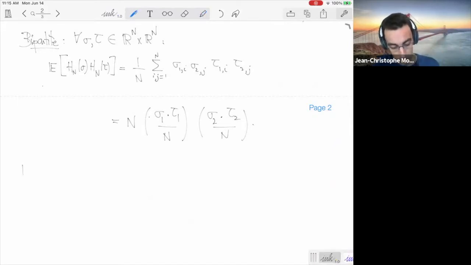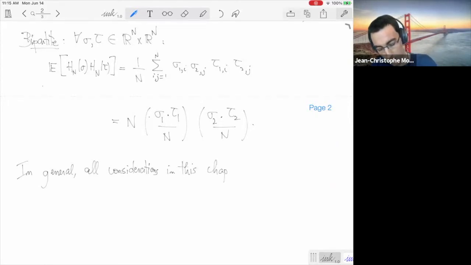So in general, all considerations here in this chapter apply as well to the following marginal model.